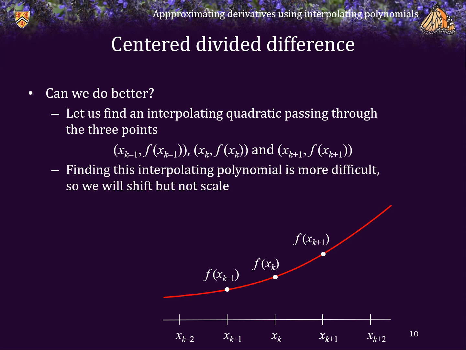Now, finding the interpolating polynomial is going to be more difficult, so we're going to shift, as we did before, but we're not going to scale. The reason we're not going to scale is because the slope depends on how far apart the points are. If we scale in the x direction, then we're going to change the slope.